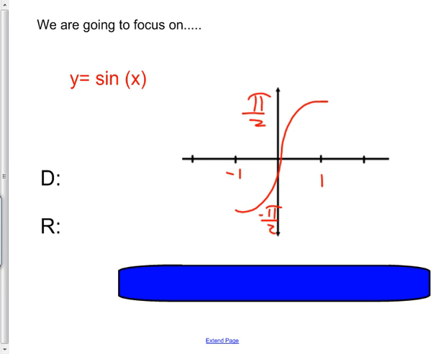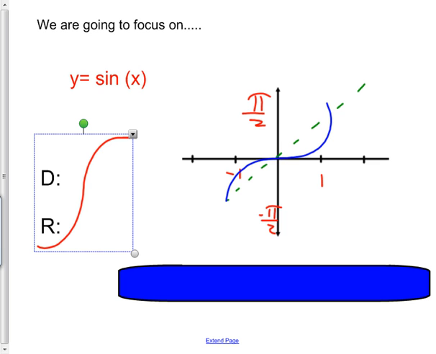Those are in the opposite spots as they were before. And to get an inverse, you flip it over the line y equals x. So I'm going to flip it over that line. And now, that is the graph of inverse sine.